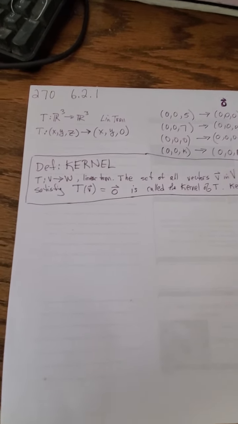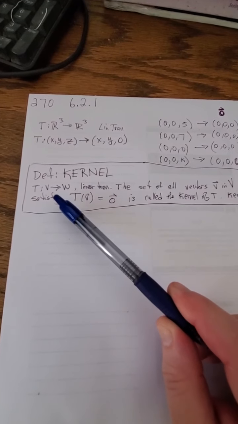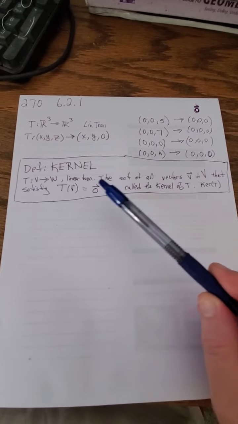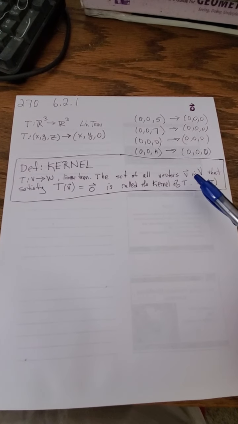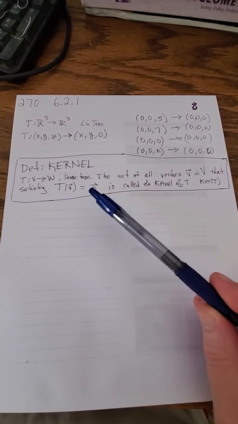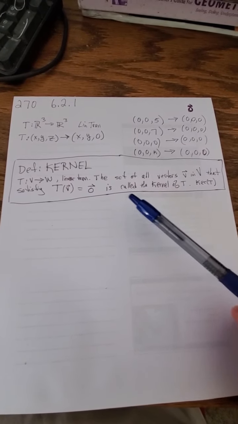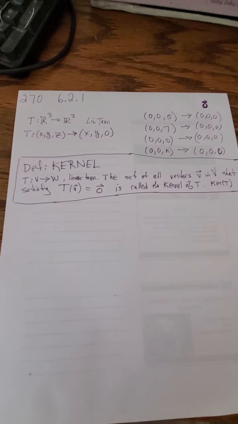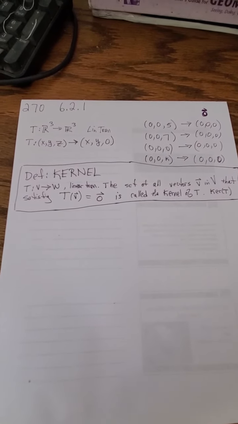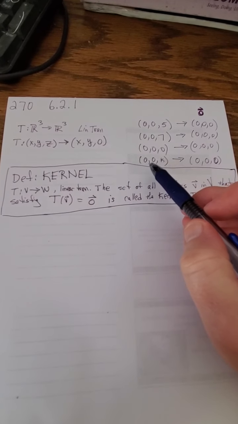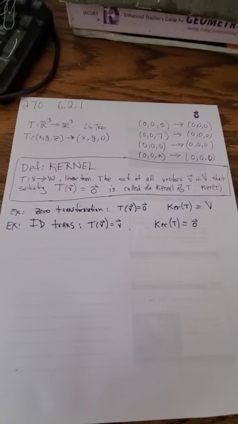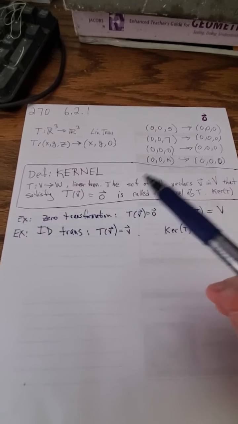Definition of kernel: if T is a linear transformation from V to W, two vector spaces, then the set of all vectors v in V that satisfy T of v equals 0 is called the kernel of T.